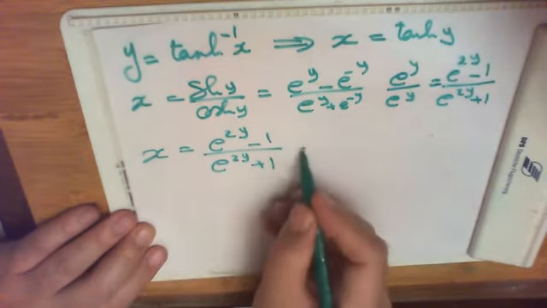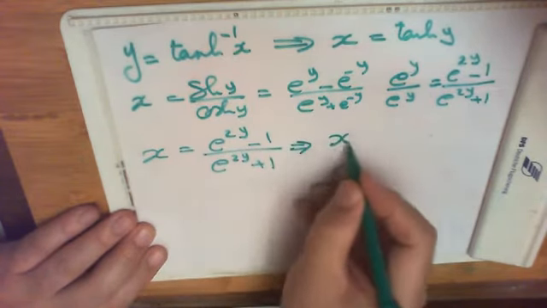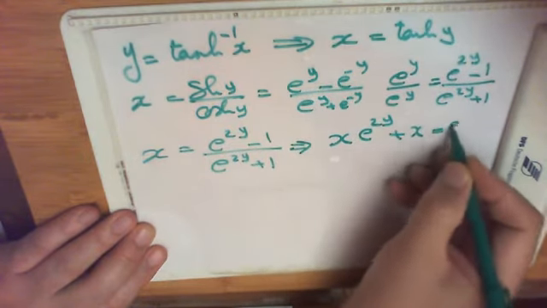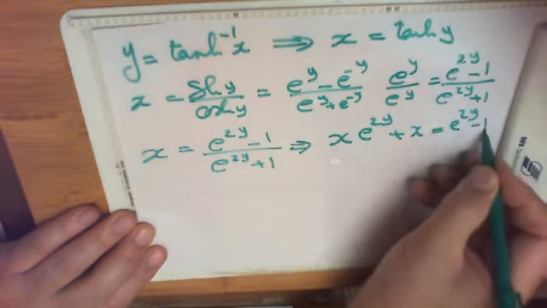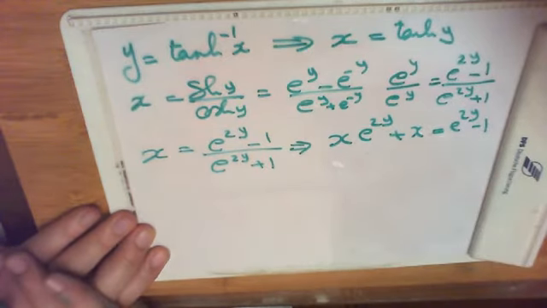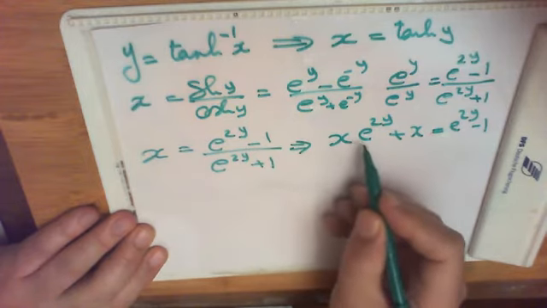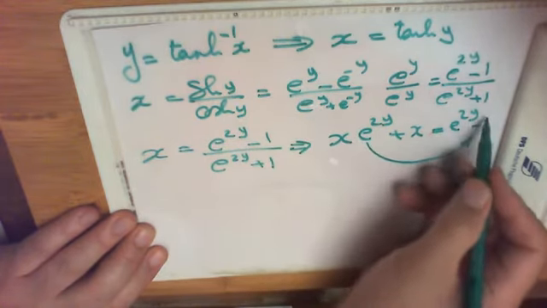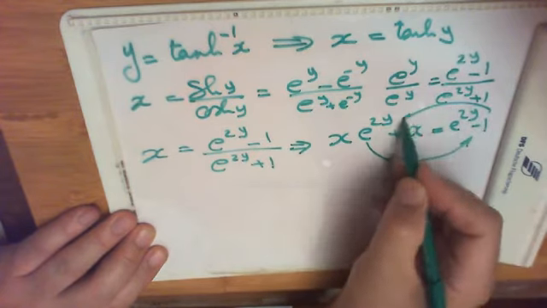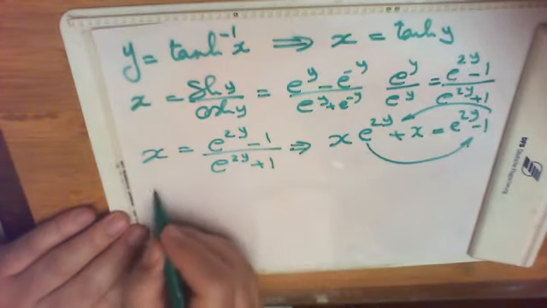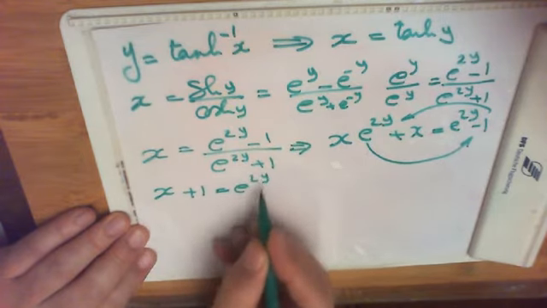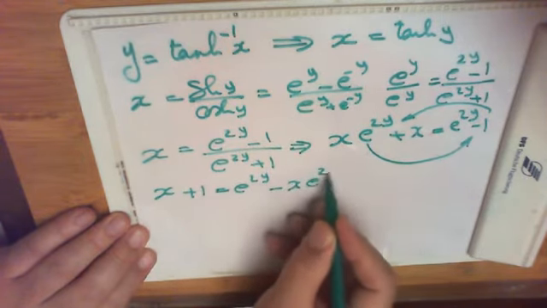Cross multiplication. So x times e to 2y plus x equals e to 2y minus 1. Simplify. How? Move this to the left side and 1 to the right side. So we have x plus 1 equals e to 2y minus x e to 2y.